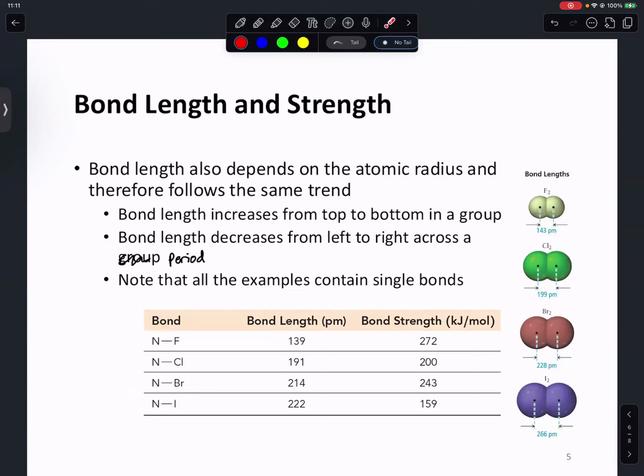So we know here that nitrogen is bonded to one of the halogens, and we can see that the bond length will increase with the increasing atomic radii, which is the same trend that we learned before about the size of atoms from top to bottom of a group. And with regards to bond length in a period, it decreases from left to right across a period.